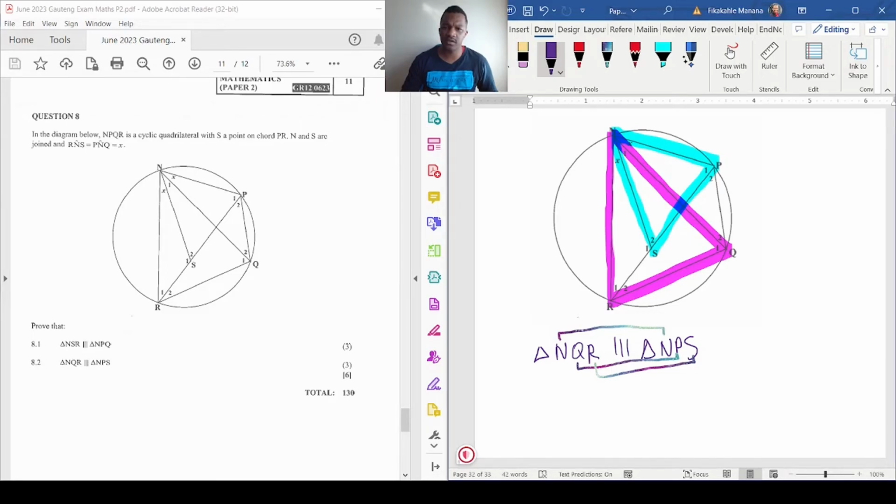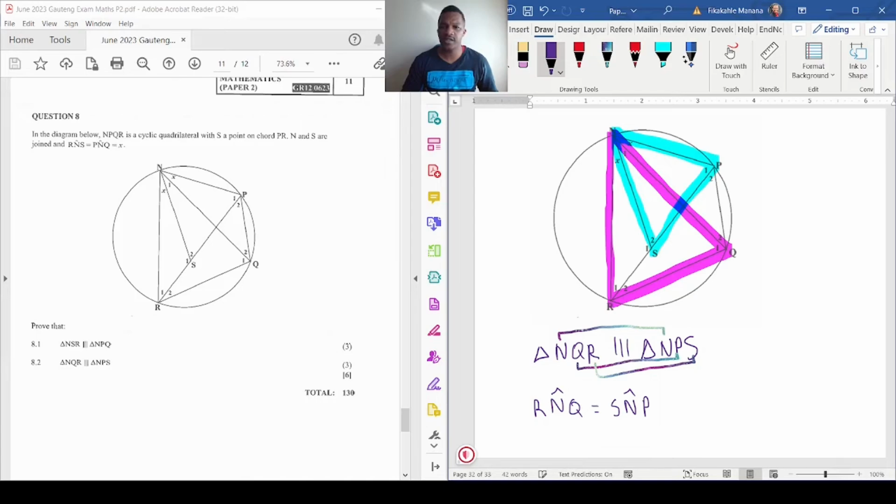Yes. Starting with the Ns, we can prove that the angle RNQ is equal to the other one, which is SNP. All right, P, not R. Why did I write R? I mean P.